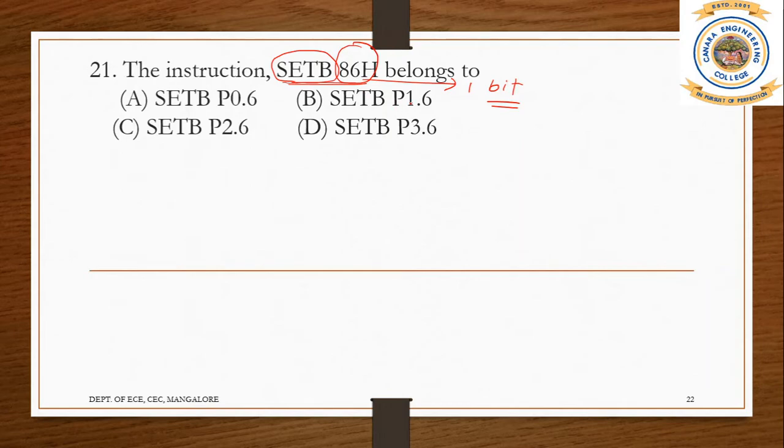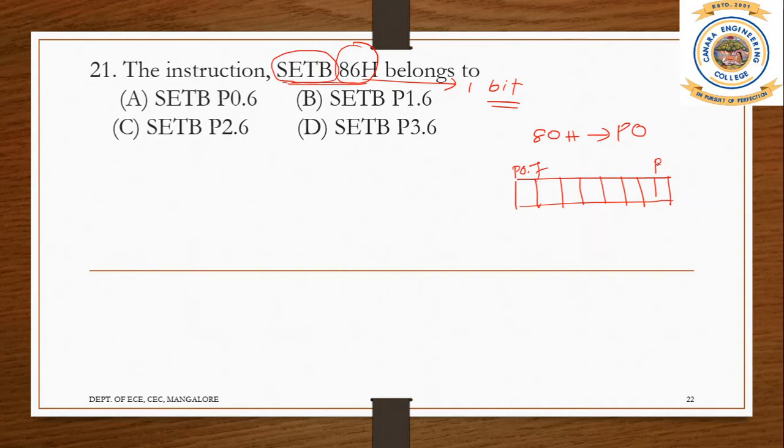So for answering this, you should know that 80H is address of port 0 and 80H is obviously 8 bit wide. So you have MSB, the 7th bit here, which is nothing but P.7, I call it. Then 6, 5, 4, 3, 2, 1 and 0.